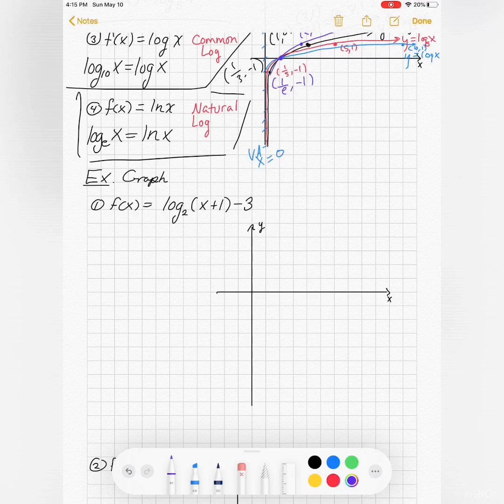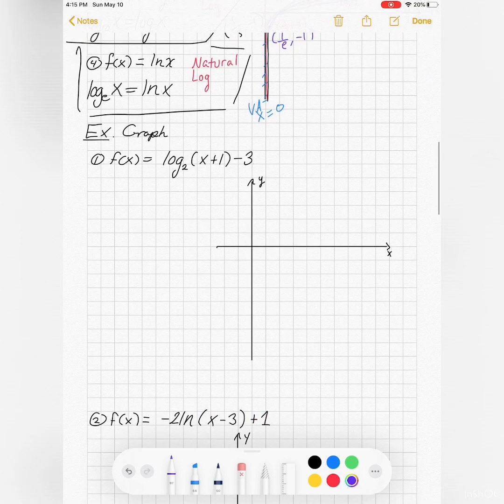So let's look at just a couple of transformations problems. Graphing number 1 here, I'd start with the base graph. Okay, so I just have to remember my pattern.